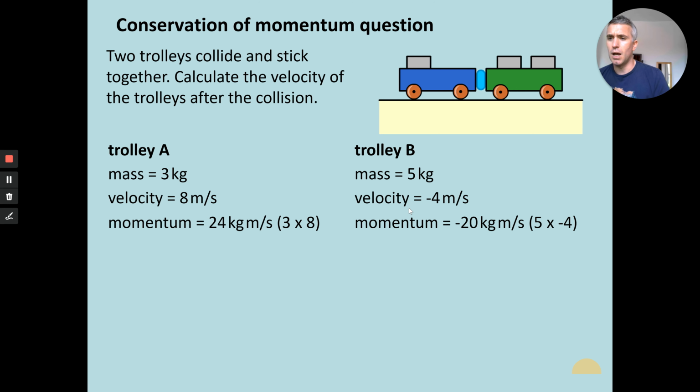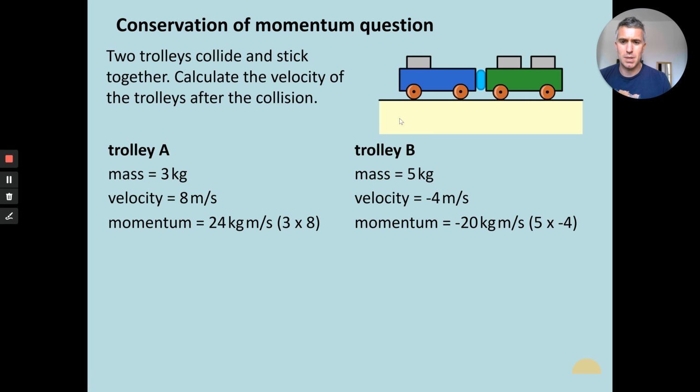Okay, so let's have a look at this. When things stick together, it's a good example of a collision where we have a trolley of mass A and a trolley of mass B. They're coming together. So what's going to happen? This has a mass of 3 kilos, and it's moving with 8 meters per second in this direction.